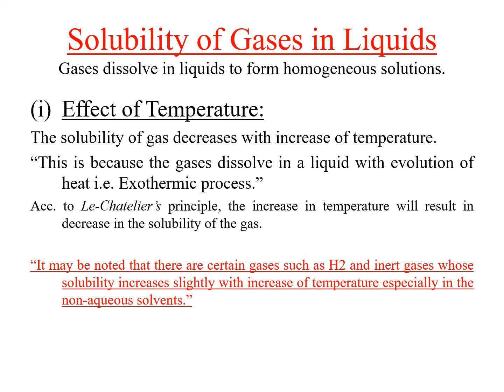First of all, gases dissolve in liquid to form a homogeneous solution. It means to form a uniform solution. Let's start with the effect of temperature. What is the effect of temperature when we discuss the solubility of gases in liquids?